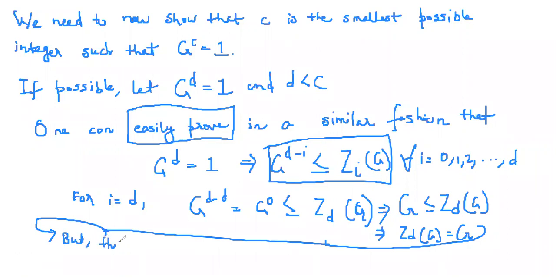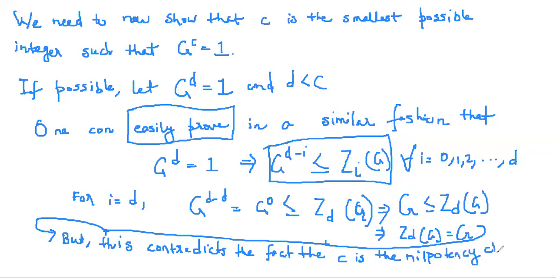Okay, but this contradicts, can someone tell me what it contradicts? This contradicts the fact that C is the nilpotency class, because we are already saying that G^C is 1 and C is the smallest such integer possible, right? But here we have D is less than C. So this is not possible.